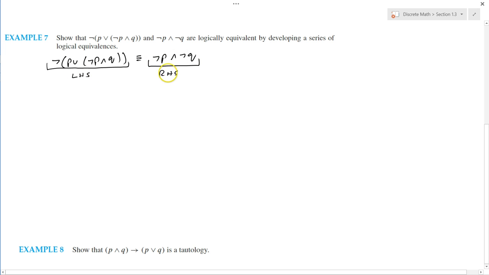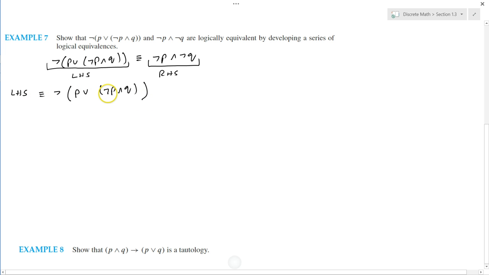So let's start strategy number 1, which is starting from the left hand side and seeing whether we can reach the right hand side or not. So let's start with the left hand side. The left hand side is not P or not (P and Q).